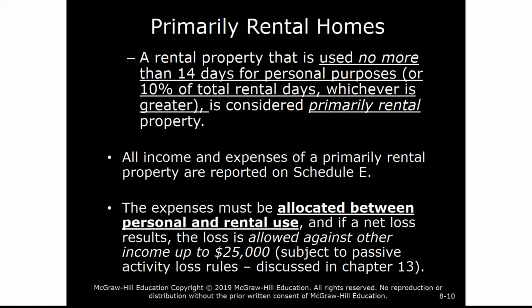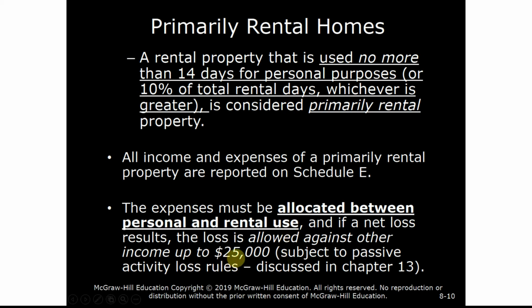There is an exception for lower income earners: if the property is primarily used for rental and the expenses exceed the income, there is an allowance for certain lower income taxpayers to offset $25,000 worth of these passive losses against active income, such as earned income.